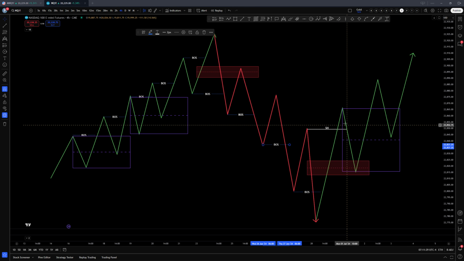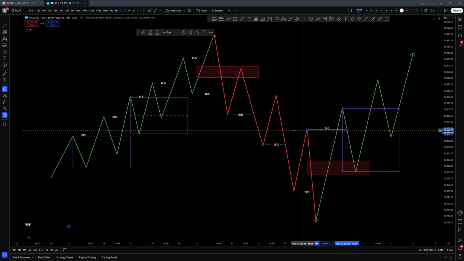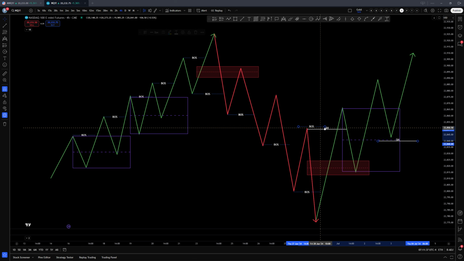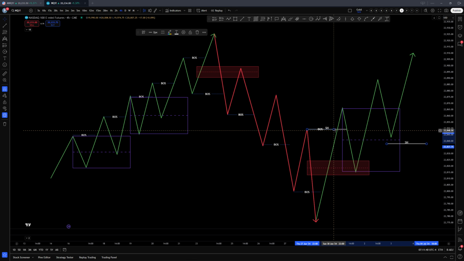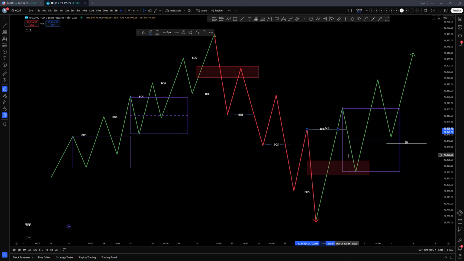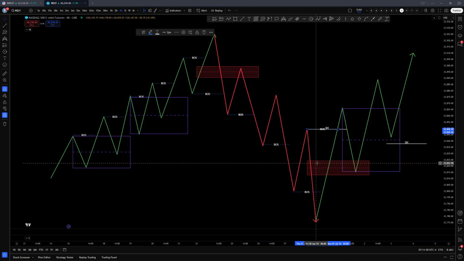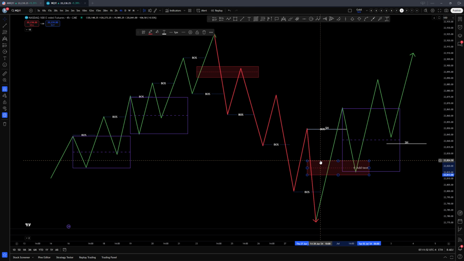But instead, we come back up, we break through this strong high, and then, because we've broken this strong high, that becomes a break of structure to the upside, right? And what do we expect after a break of structure? We expect a pullback. And we pull back down, back into the zone, and we're going to look for a point of interest to take a trade from. We won't worry about that now.